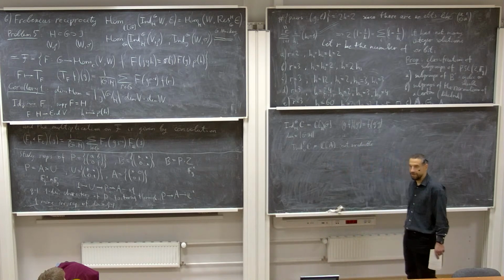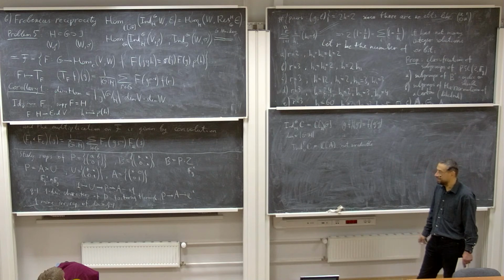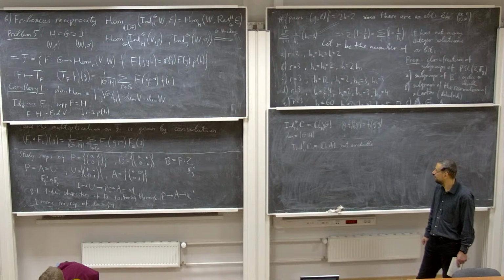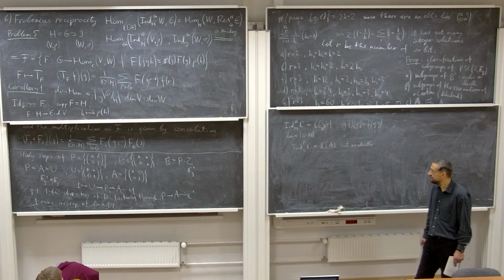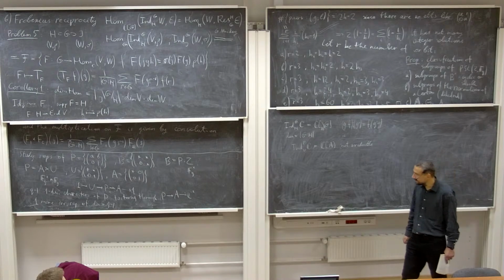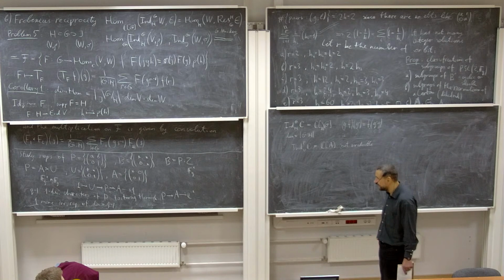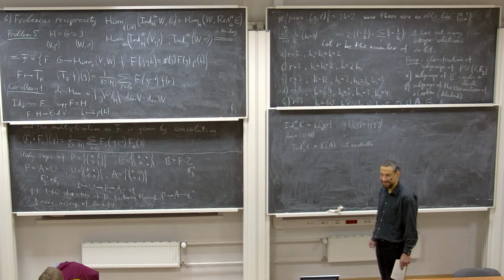And if you want to obtain an irreducible representation, what should you do? Yeah, it's a good idea, but the dimension is wrong. So what shall we do?